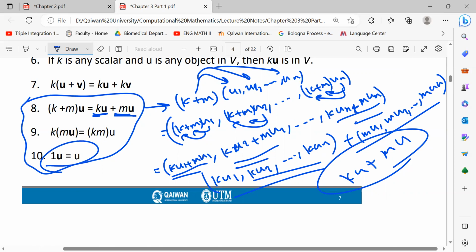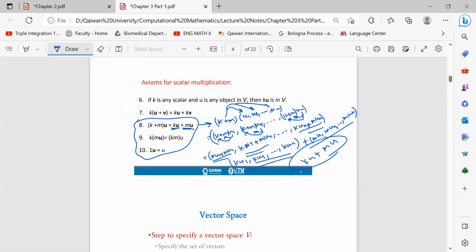This one also is the same. If you multiply one by a vector, a scalar multiplication, it's 1 multiplied by u1, u2 up to un. So it's u also. It's u itself. So these are the conditions.